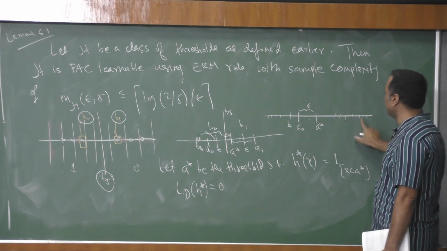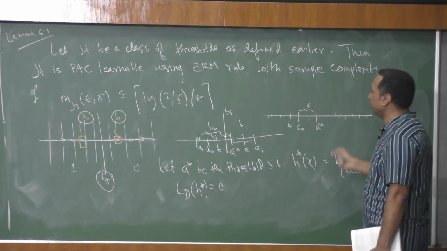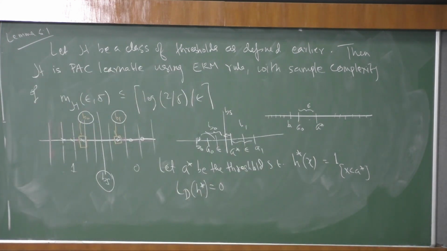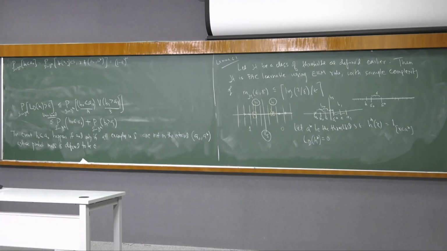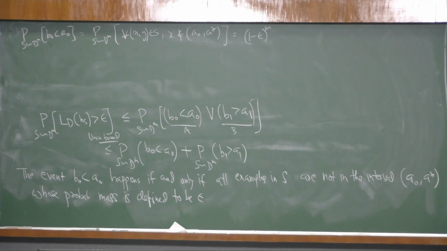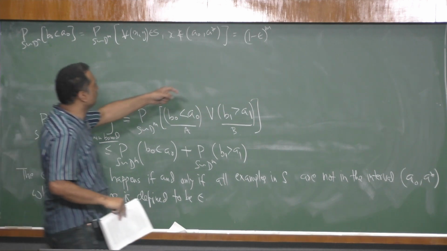So the probability of these guys not being here is 1 minus epsilon, and I have to do it m times. For each data point 1 minus epsilon, for another data point 1 minus epsilon. So the total probability of all of them not being in this is the product of all these probabilities, because these are independent. So it is (1 minus epsilon) to the m.